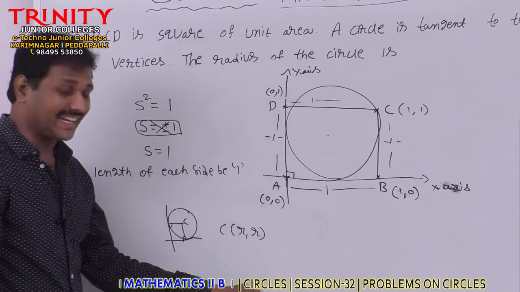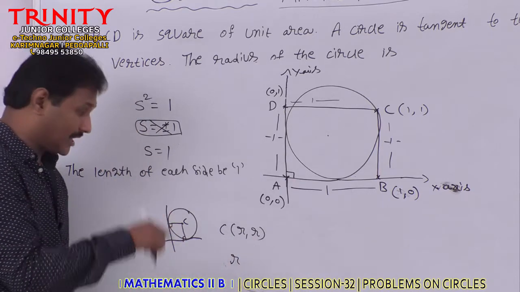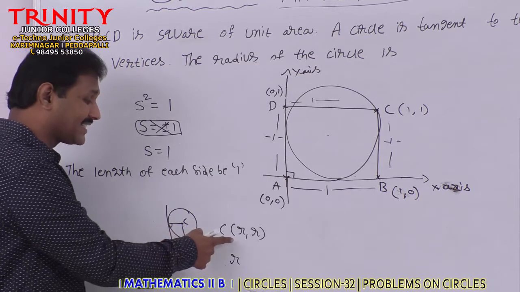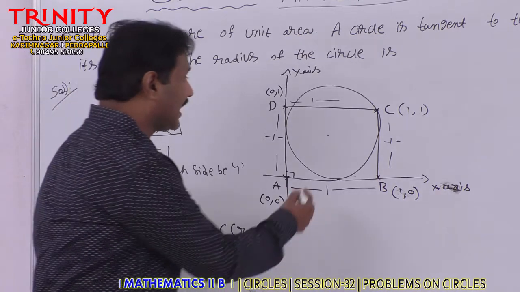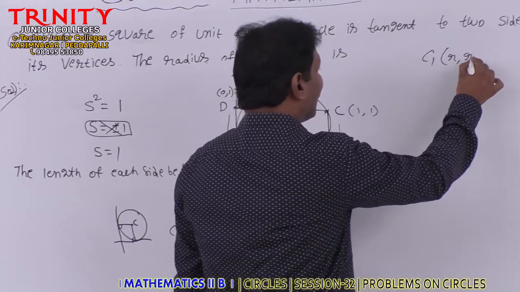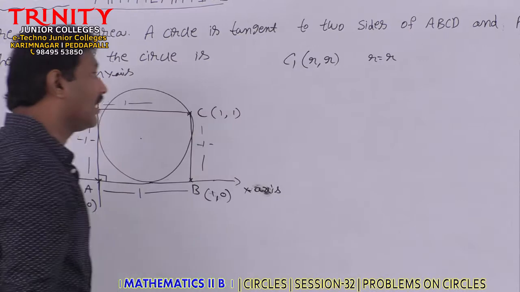The circle is X and the radius is R. In the previous concept, we know that if any circle touches the coordinate axes, the center is (R, R) and the radius is R. Here we take the center of the circle C1 as (R, R) and radius equal to R.